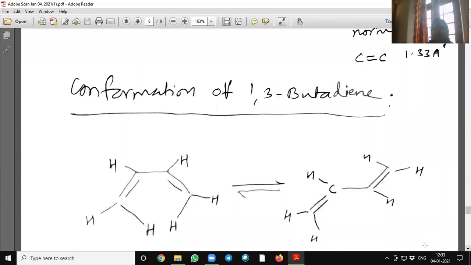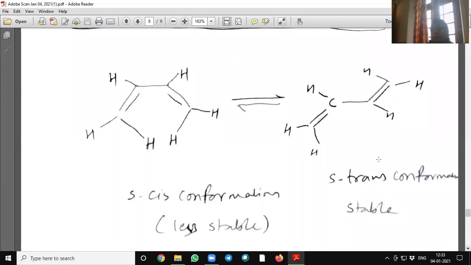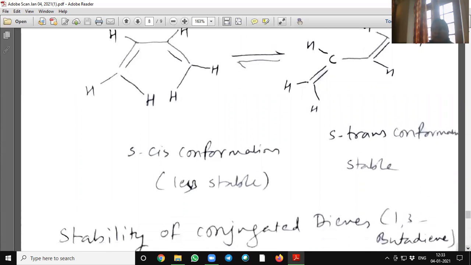Conformation of 1,3-butadiene, it will give cis and trans forms. Trans form is more stable compared to cis form.